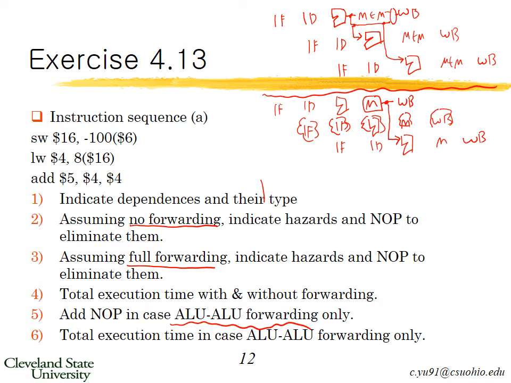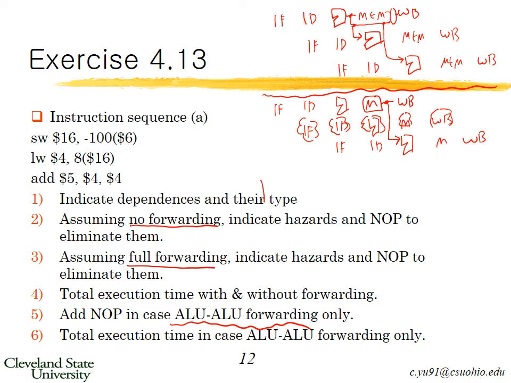And another terminology is ALU forwarding. There is no clear definition in the textbook of what that means. But ALU forwarding is, if you look at the figure on the top right corner, the forwarding can happen from the output of the ALU to the subsequent instruction, or the next instruction. So I consider it an ALU forwarding.